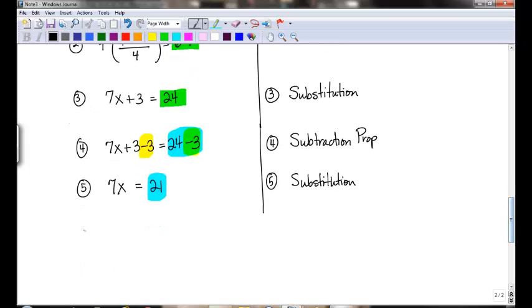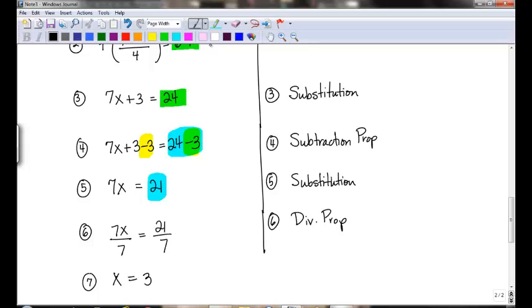Divide by 7 on both sides. And that's the division property. You can abbreviate it. Okay, and then from that line, we'd have x equals, and what property says we're going from here to here? Yep, substitution.